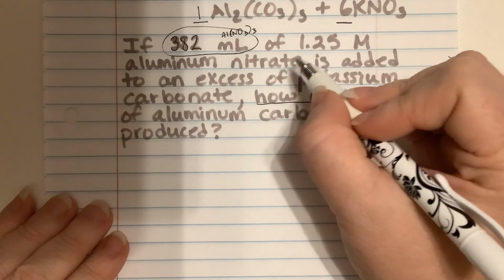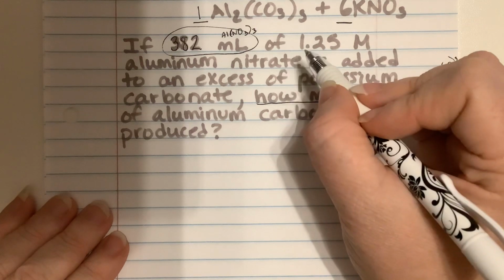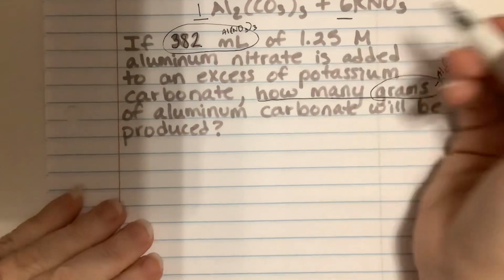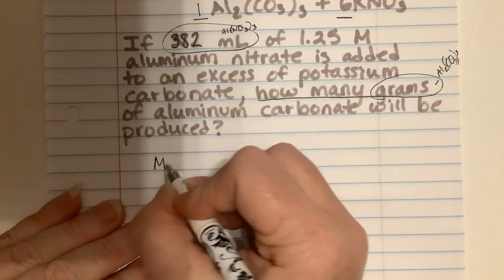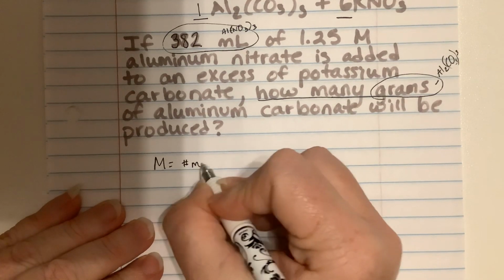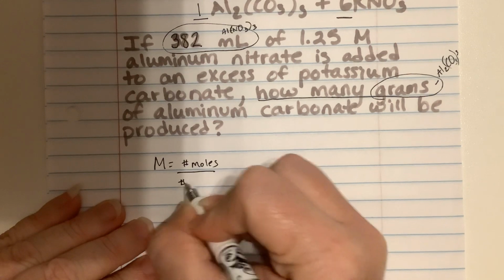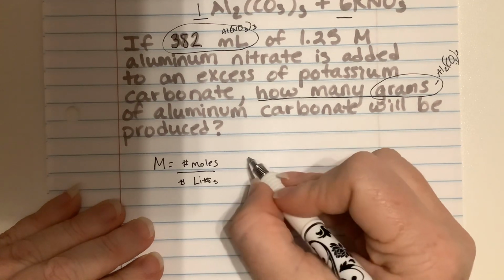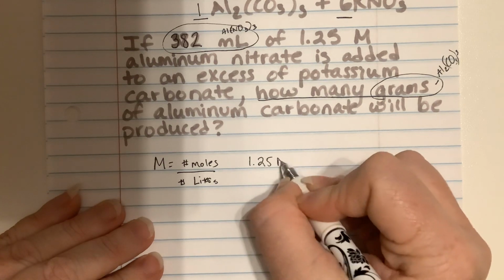Let's find what moles do we have in that. Do you remember how we did that before, right? We knew that molarity is number of moles over number of liters. We just want to find 1 liter, right? So we have 1.25 M.